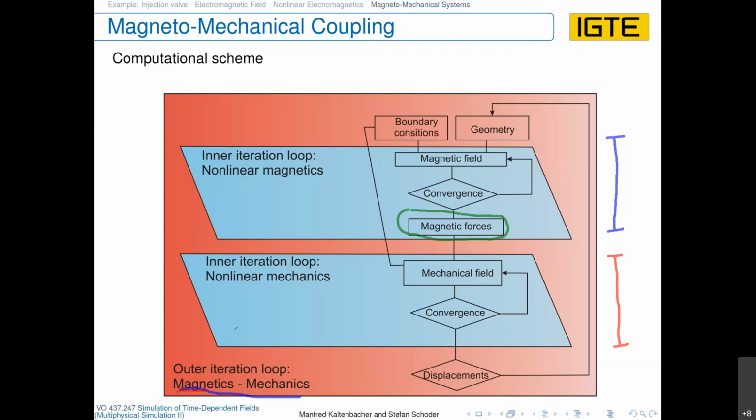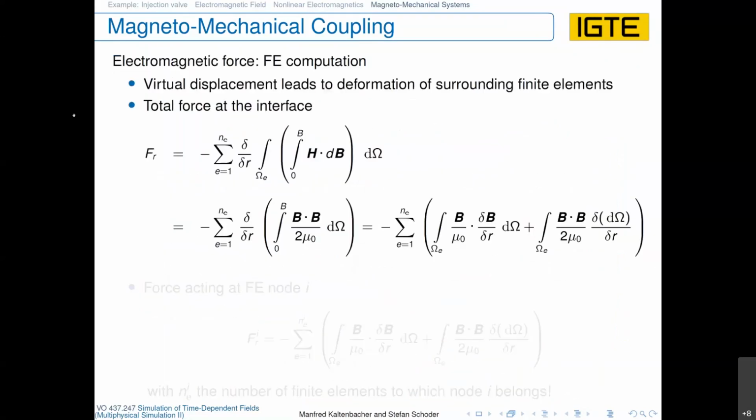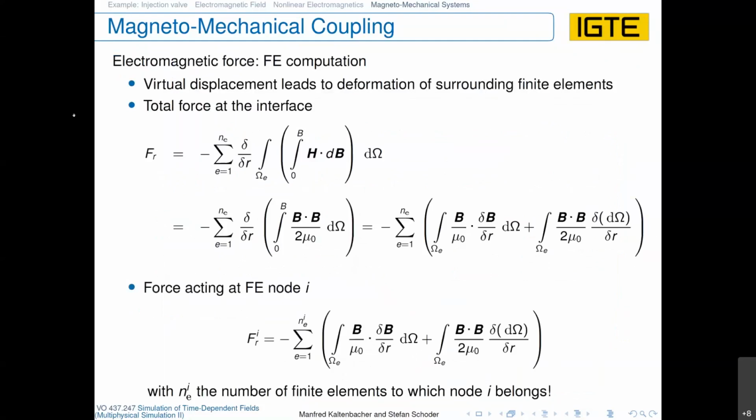If you compute the forces with this approach, the virtual displacement approach, then this formulation includes both forces. So you don't have to additionally compute the Lorentz forces. This formulation includes Lorentz and pole force.